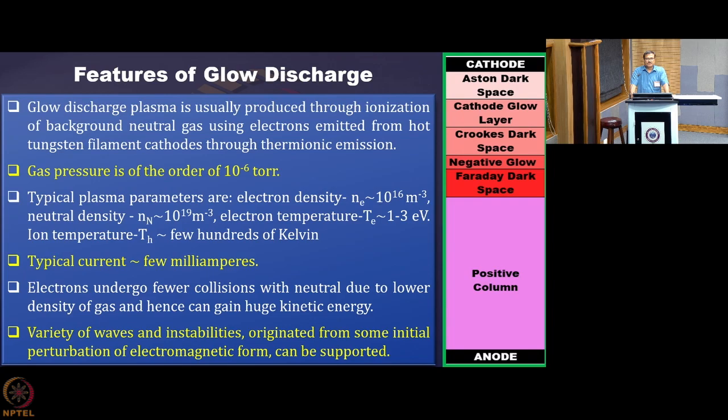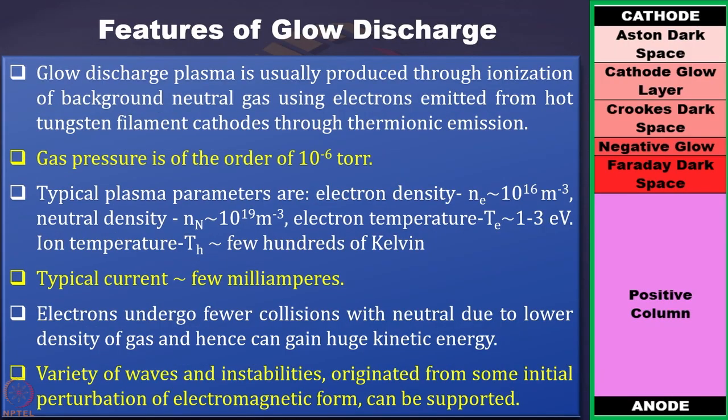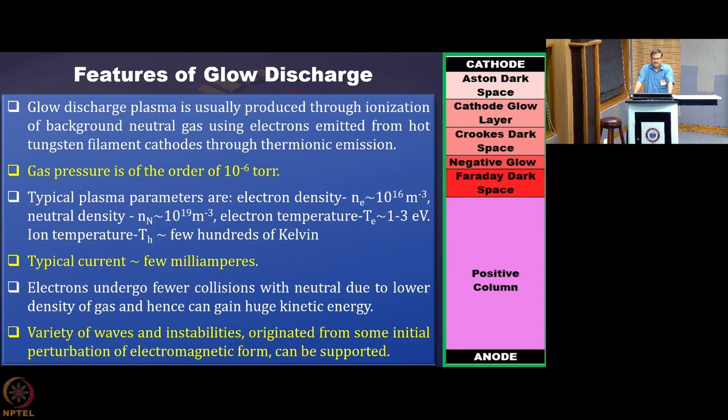Typically the plasma parameters: electron density is of the order of say 10 to the power 16 per meter cube, and neutral density of the order 10 to the power 19 per meter cube. So the ionization is quite high, and electron temperature can range from 1 to 3 electron volt, while the heavy species temperature is of the order of a few hundred Kelvin, and you can easily touch it by hand.